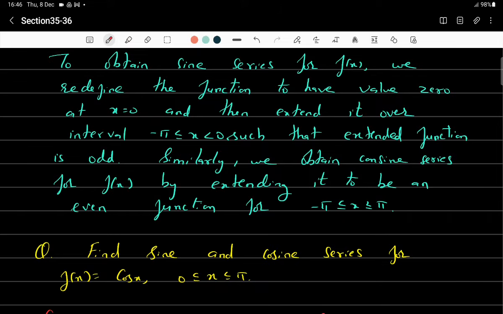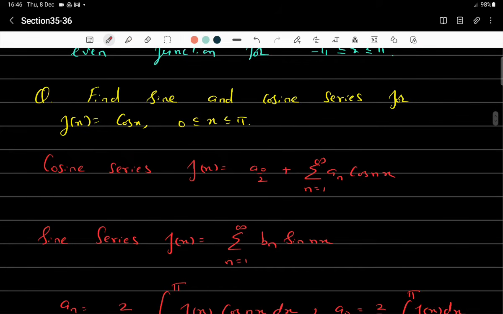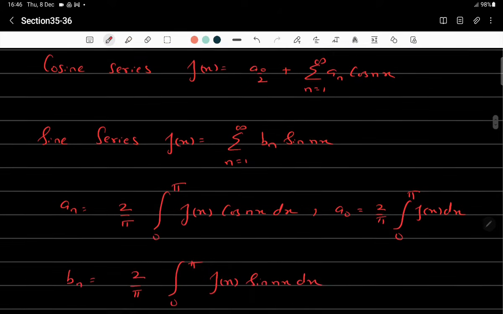But if I have to make it odd, then from 0 to pi it's already defined as cos x, and if I define it as cos x from minus pi to 0, it remains even. Therefore I define it as minus cos x from minus pi to 0. So this is how the cosine series and sine series look like. The cosine series is a naught by 2 plus summation a n cos n x. The sine series is summation b n sin n x. And these are the formulas.